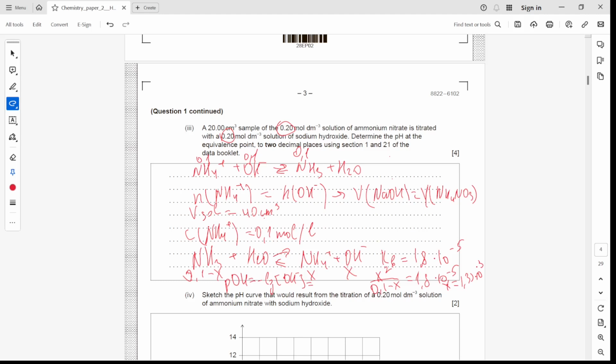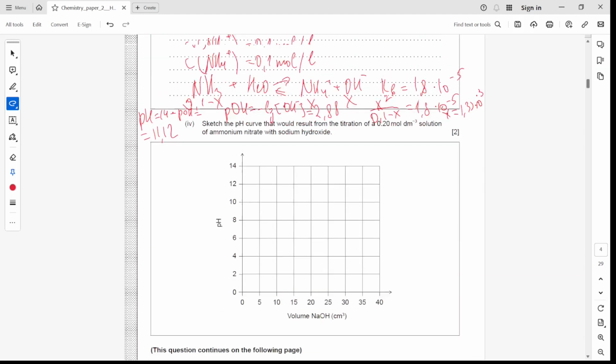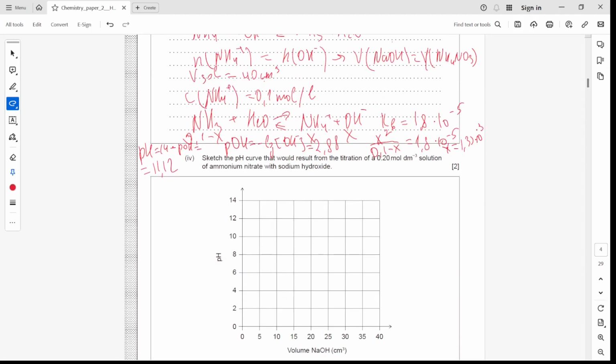It would give us 2.88, and then pH would be just 14 minus pOH, and it would be 11.12. This is it.